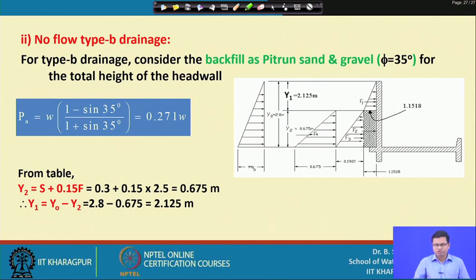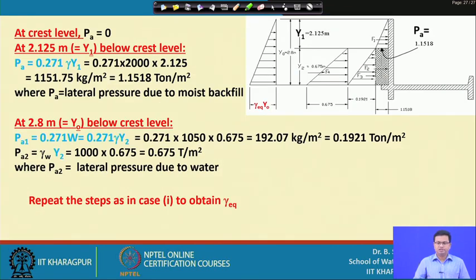So, you can follow the same procedure as done in the first bit of this problem. So, at crest level P A equal to 0, at 2.125 meter, you can estimate P A that equal to 0.271 gamma y 1. So, that will give you 1.1518 ton per meter square.